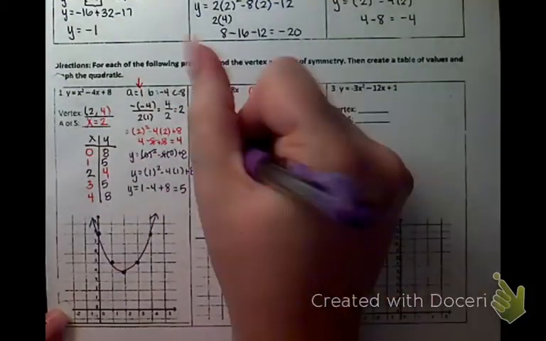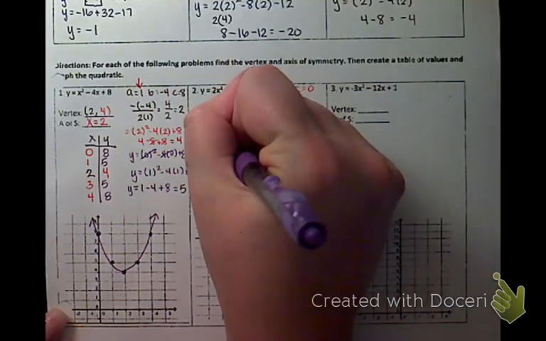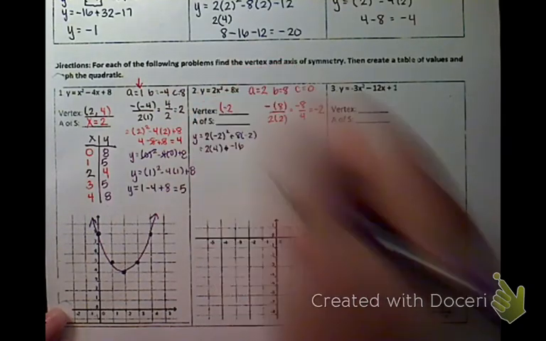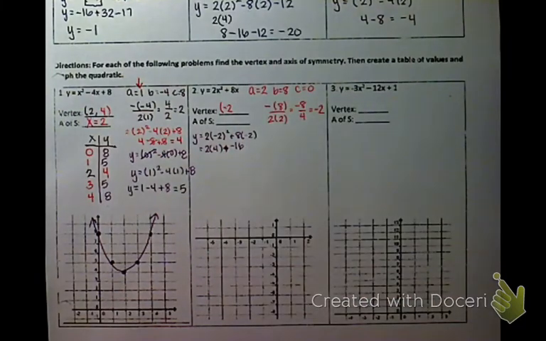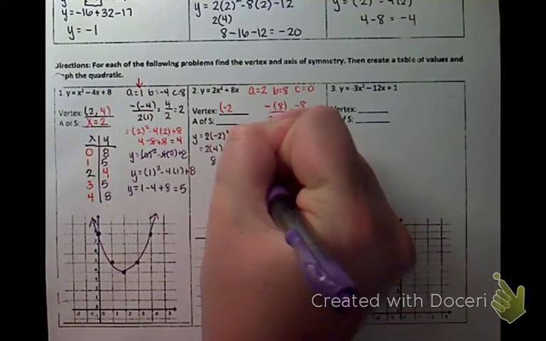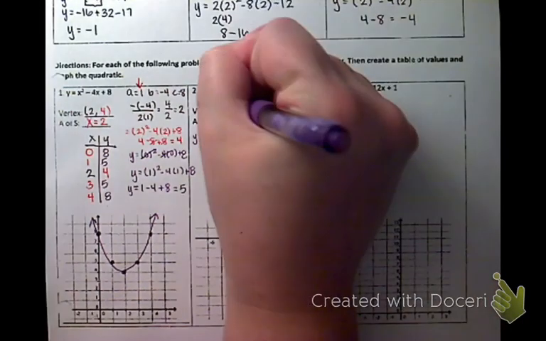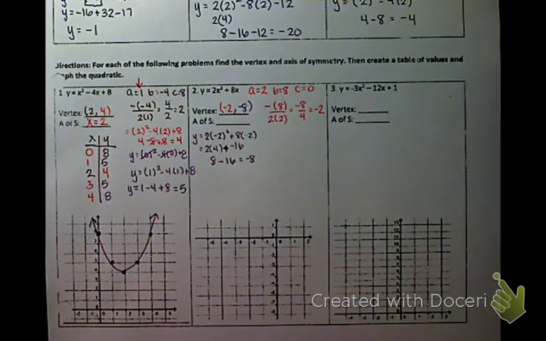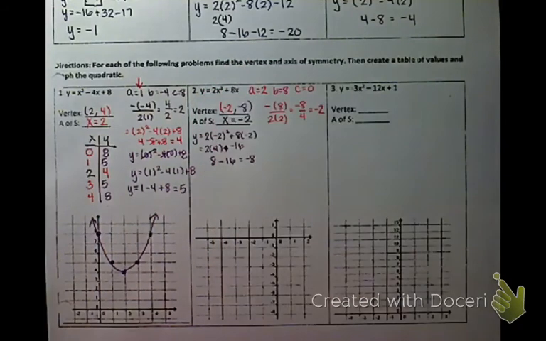Okay, and then I have 8 times negative 2, should be a negative 16. Ignore this, I scribbled that out. So that should be 8 minus 16, which gives me a grand total of negative 8 for the y value of my vertex. Our axis of symmetry is x equals negative 2.